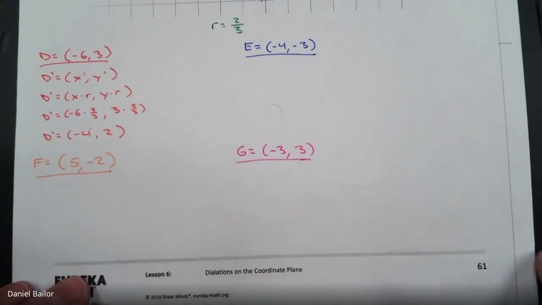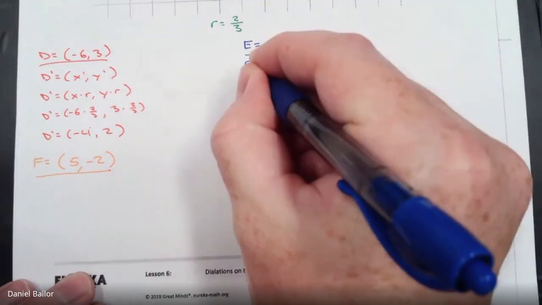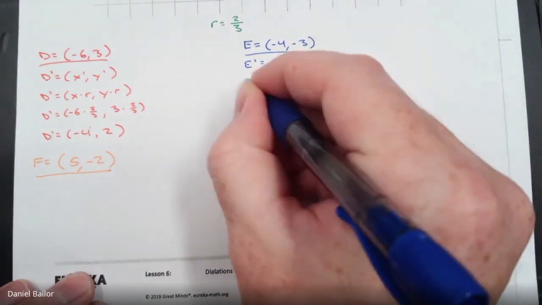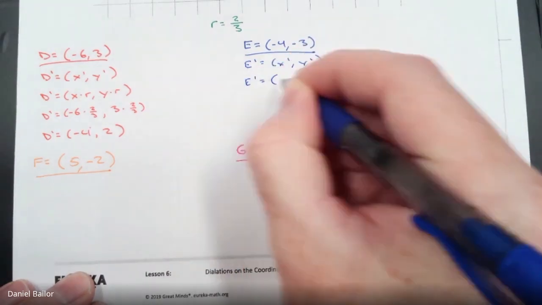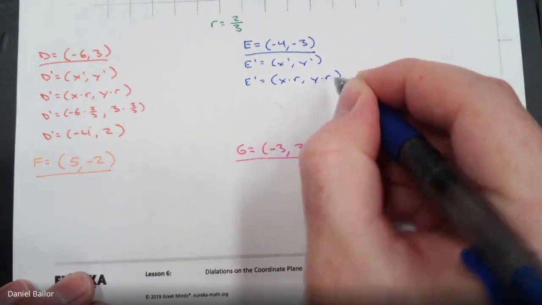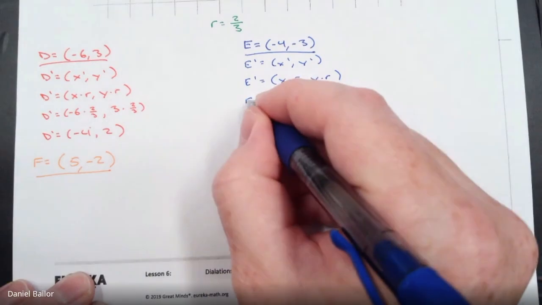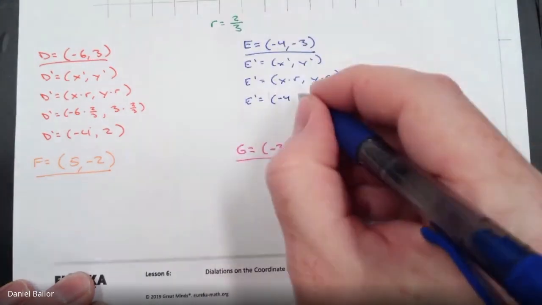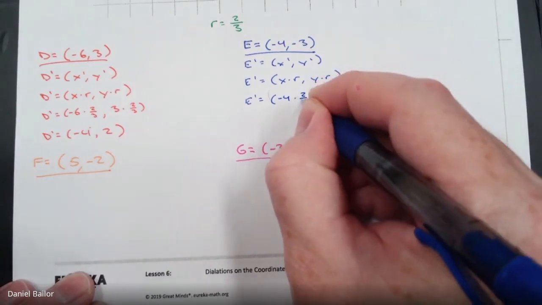Let's look at E prime. E prime, again, I need prime for both coordinates. And I get the prime coordinates by multiplying them both times the scale factor, just like that. Now let's put in what they are. X was -4, and the scale factor is 2/3.